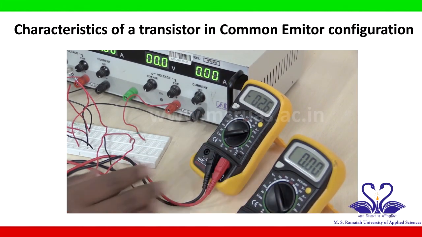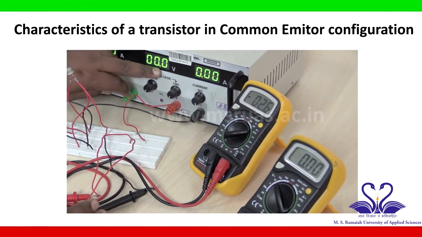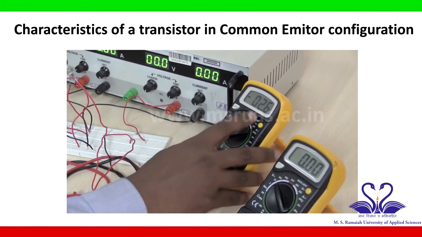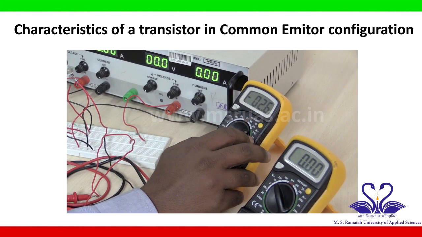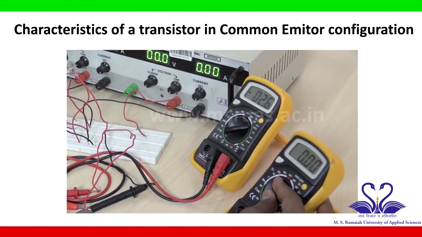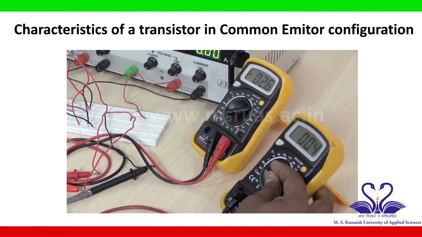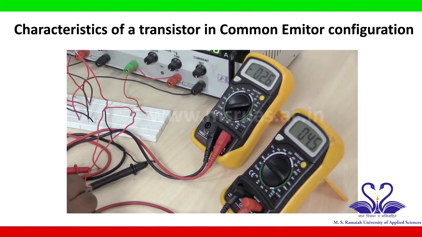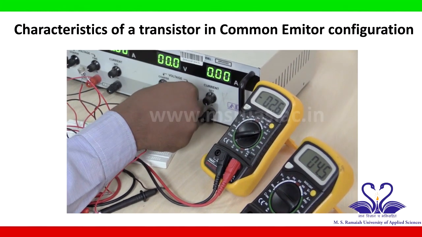For example, now VCC is 0 volt and we are getting IC as minus 2.6 microamps and VC as 0 volt. So keep this voltage in a minimum position. Okay. Now let us make VCC as 0.1.